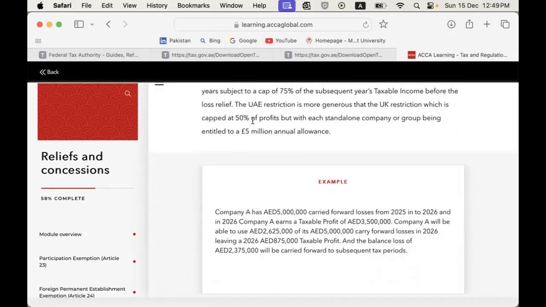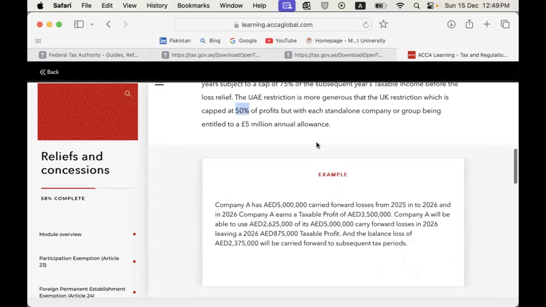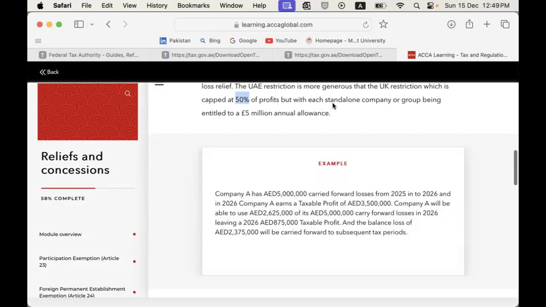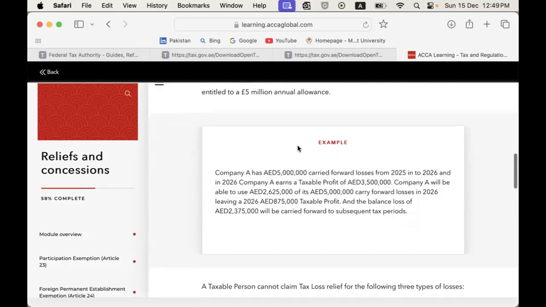So the UK only allows 50% of the taxable income to which extent tax loss can be set off, but with each standalone company or group being entitled to a £5 million annual allowance. So this 5 million overrides the 50% in the UK.